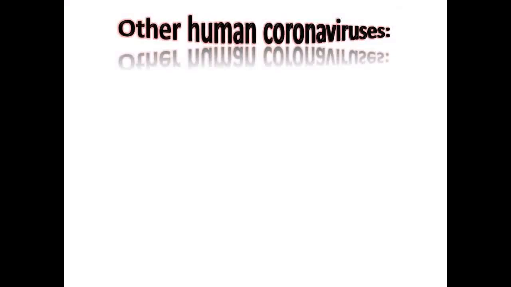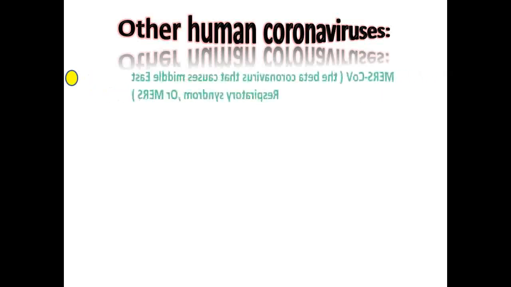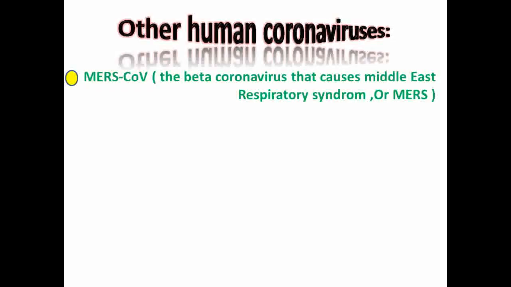Other human coronaviruses. First one, MERS coronavirus, the beta coronavirus that causes Middle East respiratory syndrome. So every letter means a word: M means Middle, E, East, R, respiratory, and S means syndrome.